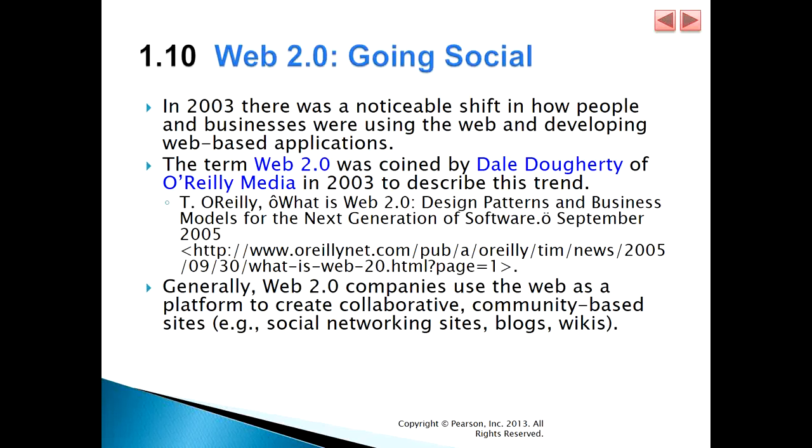Because there is Web 1.0, which is the websites or the internet before social networking, before Facebook, before YouTube, before Twitter, before FaceTime. This is called Web 1.0. Web 2.0 is the new trend where people communicate and create platforms to collaborate. It's called community-based sites like social networking, blogs, wikis, and stuff like that.